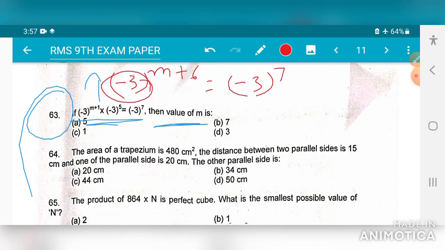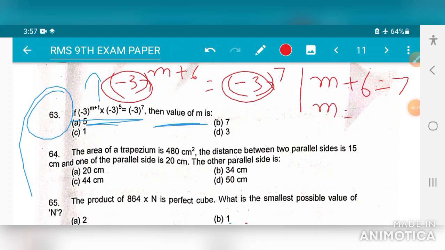When the bases are the same, the powers are also equal. So m plus 6 is equal to 7. So the value of m is equal to 7 minus 6, plus 1. Plus 1 is the answer.